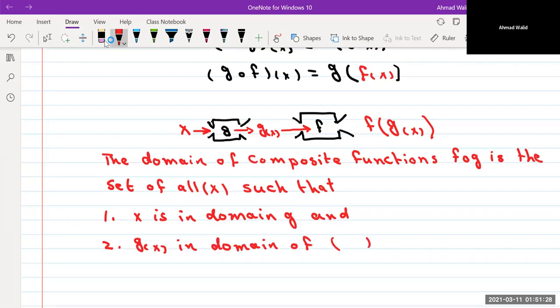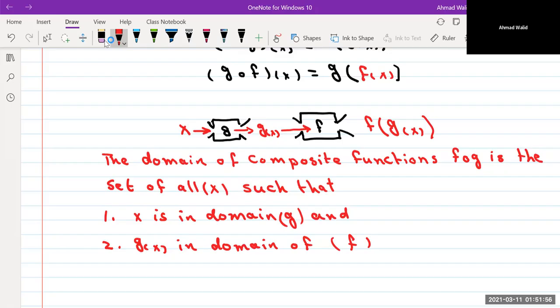This definition, how to find the domain, please remember, because sometimes when you deal with composite functions, if I give you a square root or a rational function, you have to think about restrictions also, right?